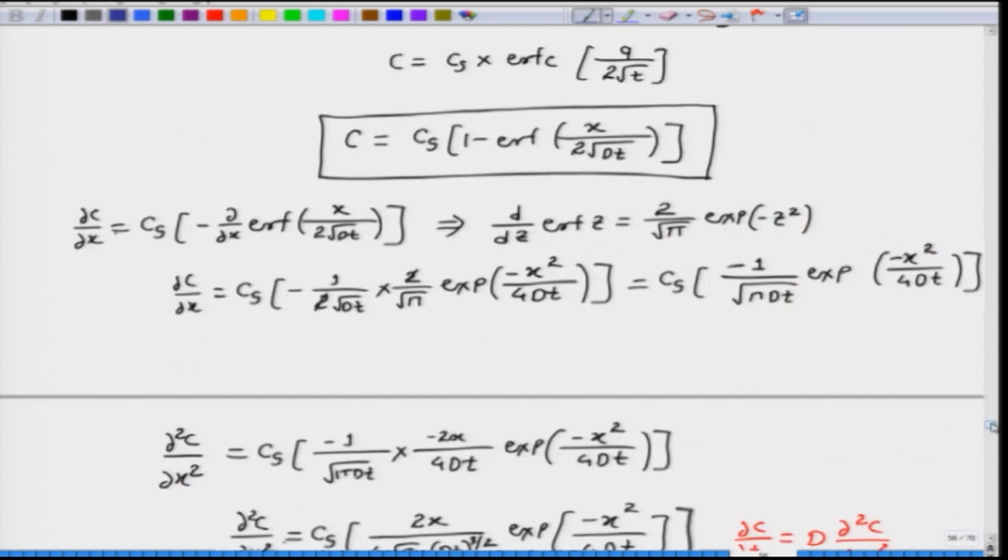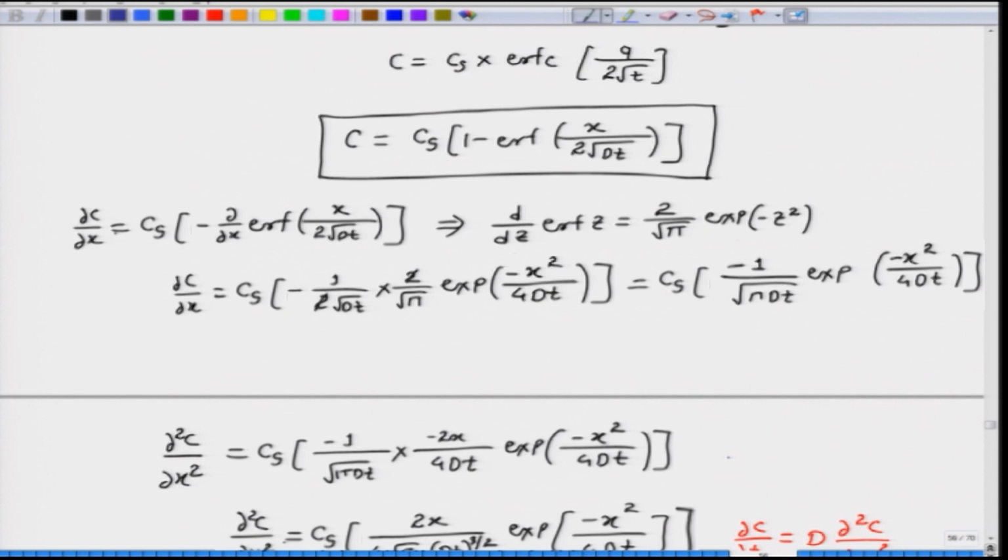Now, again if we look at the solution carefully, c equal to Cs times 1 minus error function of x over 2 root Dt. In this, on the right hand side, Cs is constant and D is also constant. So, the concentration we can see is a function of x over root t.